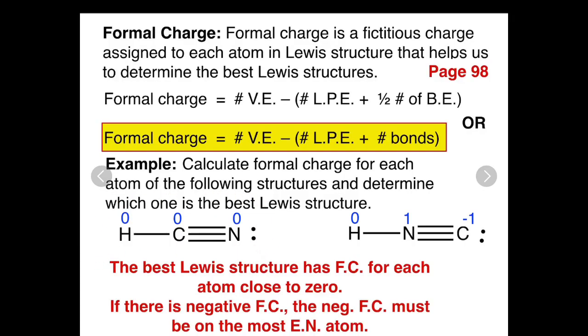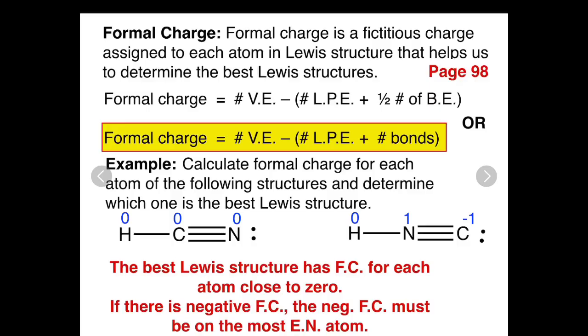And also, if you cannot find anything that close to 0, and you end up having some non-zero numbers, you want to put the negative formal charge on the most electronegative atom.